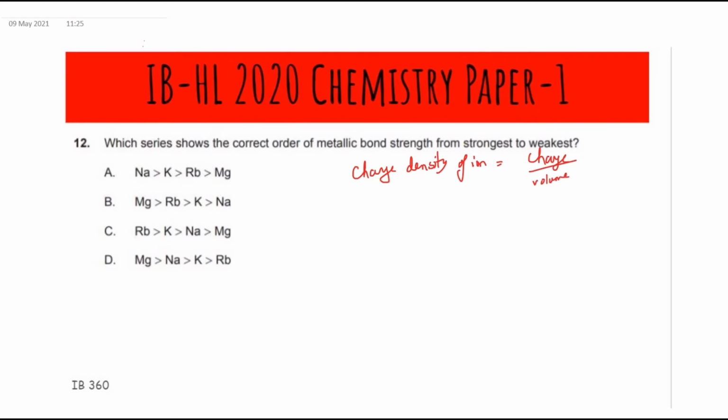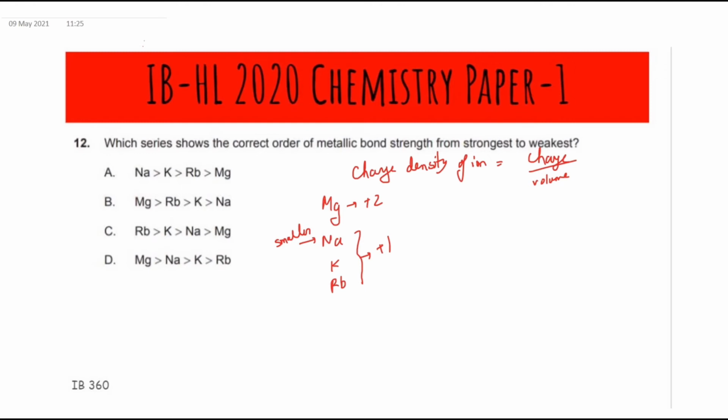Now see here, Mg has a +2 charge. The rest, Na, potassium and rubidium, all have a +1 charge in their ionic state because these three elements belong to group 1 and Mg belongs to group 2. Among these three, Na has the smallest size, then comes potassium, then rubidium. But Mg is even smaller than Na.